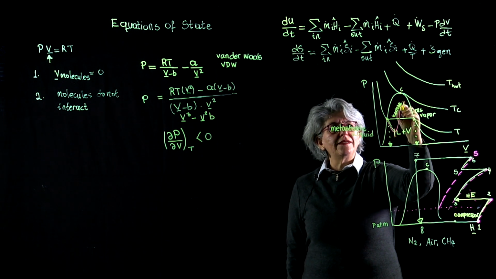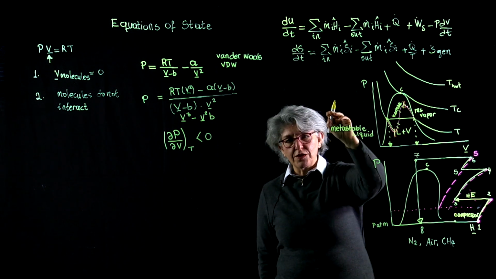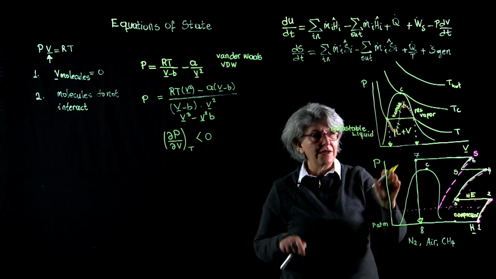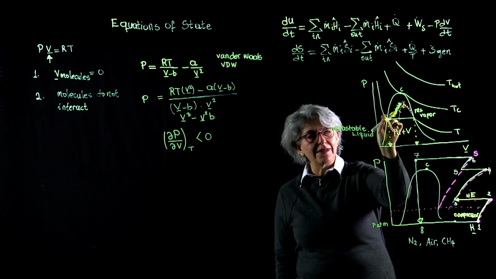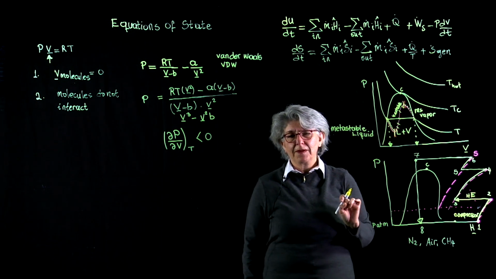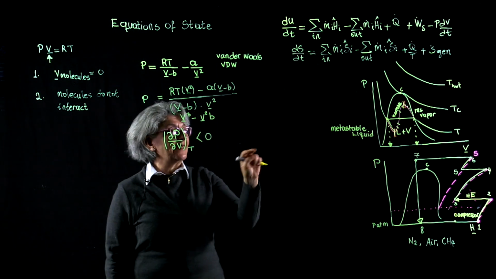So we know that fluids do not exist in this state. If we force a fluid to exist in this state, the fluid breaks down into its stable liquid and vapor fragments. But it is possible to remain in these metastable domains.